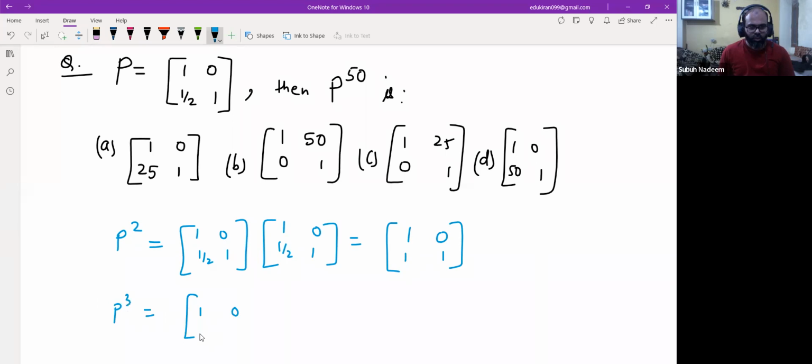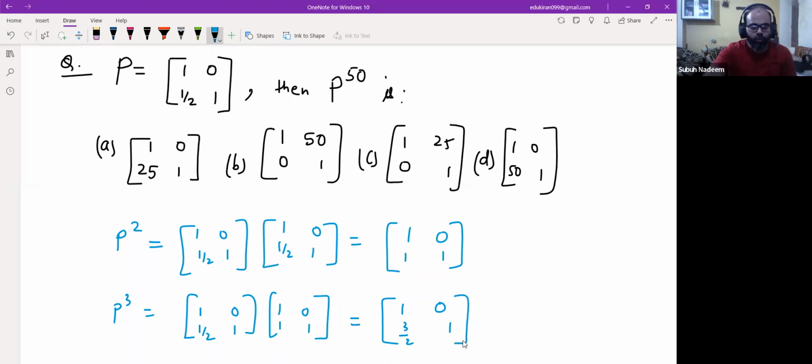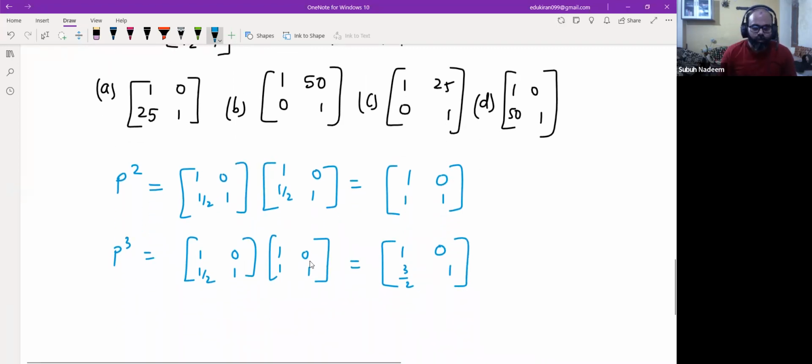So [1 0; 1/2 1] times [1 0; 1 1]. So this will become 1, 0, 3 by 2, 1. So this is P cube. So seeing the pattern, we can say that P square is 1 0 2 by 2 1.